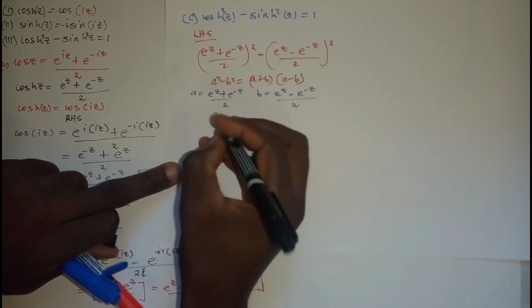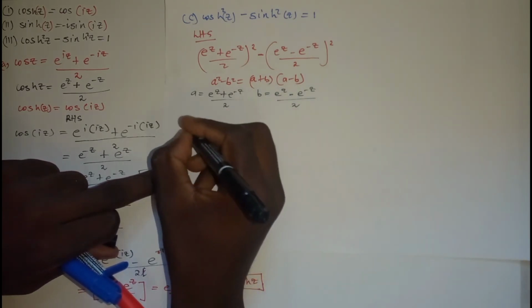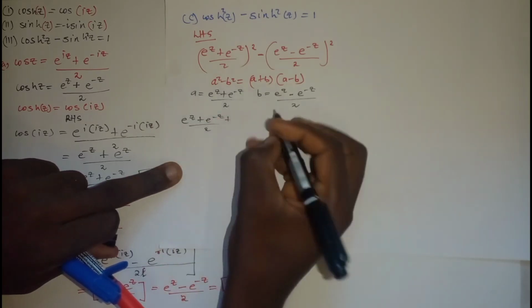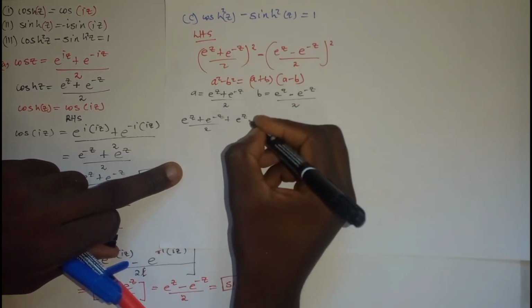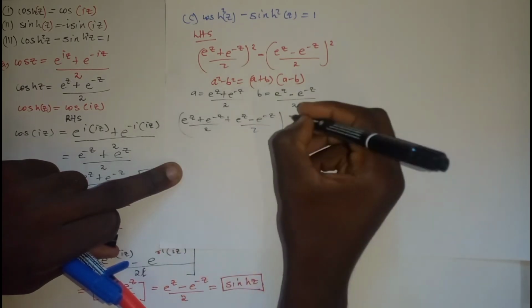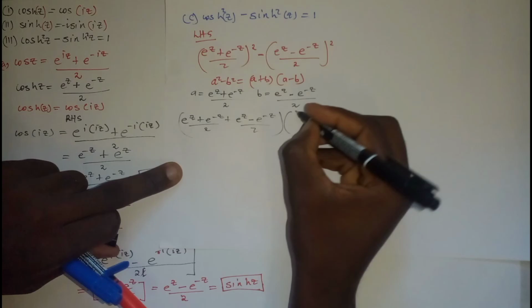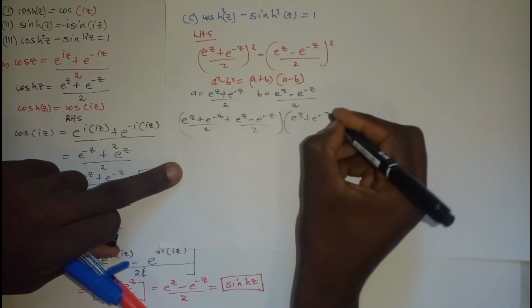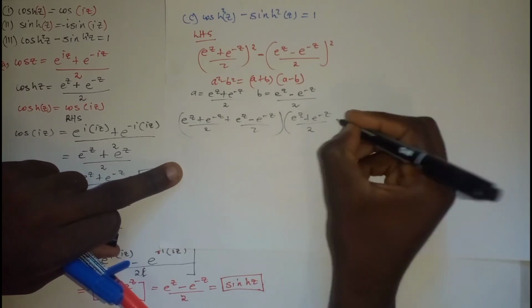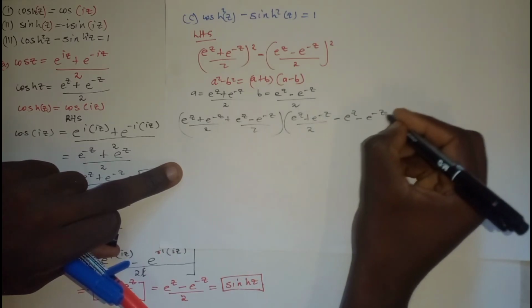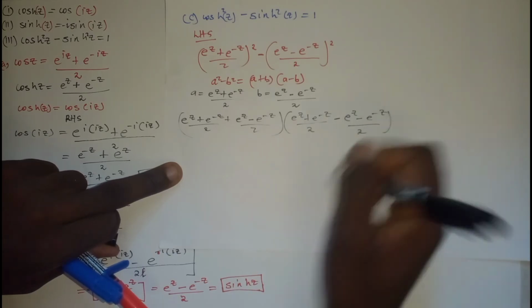So by applying this, I'm going to have e to the power z plus e to the power negative z divided by 2, added with e to the power z minus e to the power negative z divided by 2. I'm going to multiply this by a minus b: e to the power z plus e to the power negative z over 2 minus e to the power z minus e to the power negative z divided by 2.